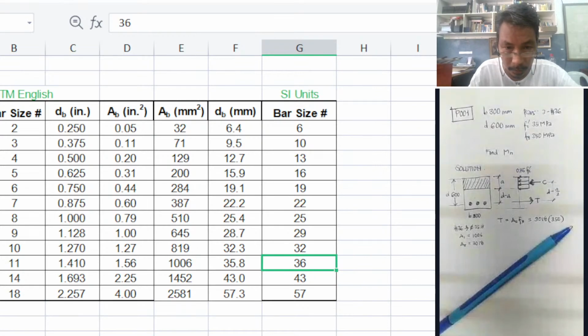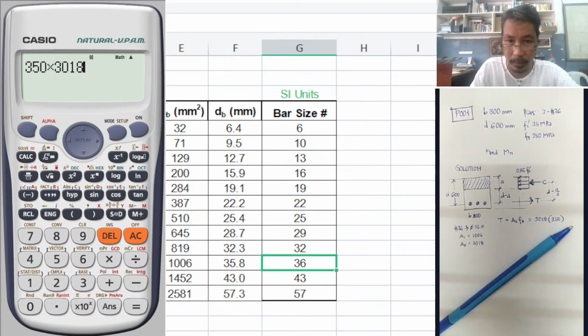I will show you our calculator. So this is our calculator. 350 by 3018.